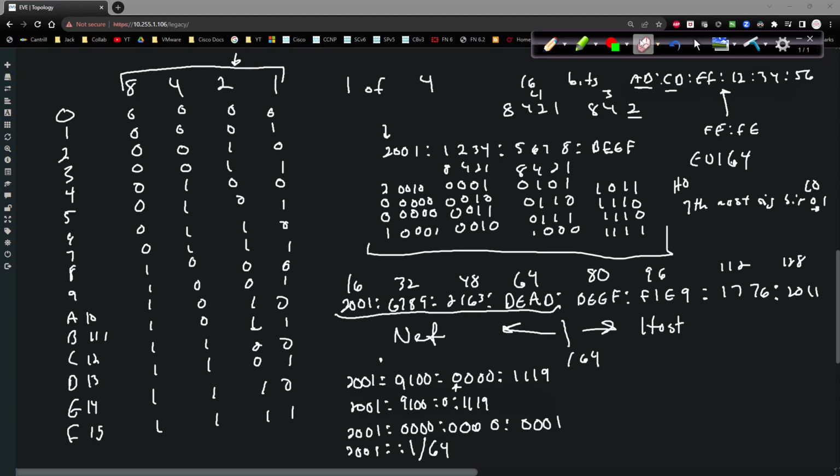And actually, let me just double check to make sure that my process is still correct. I am mostly sure that that is the case.